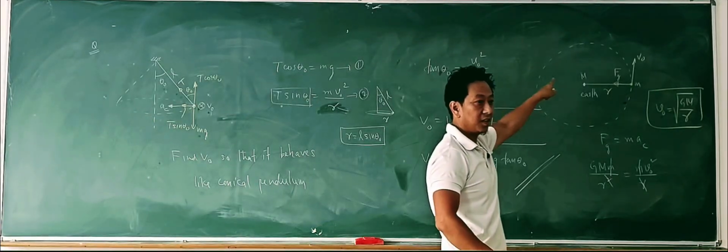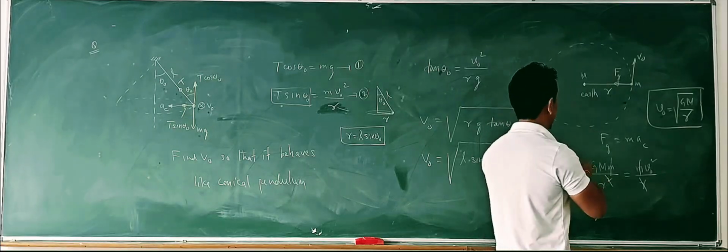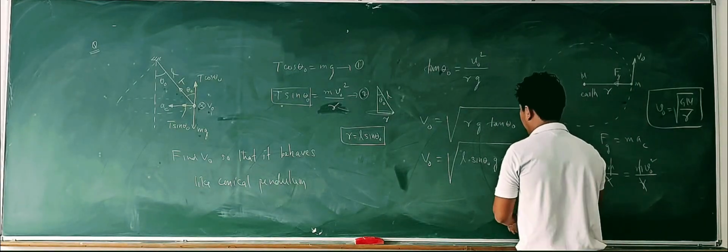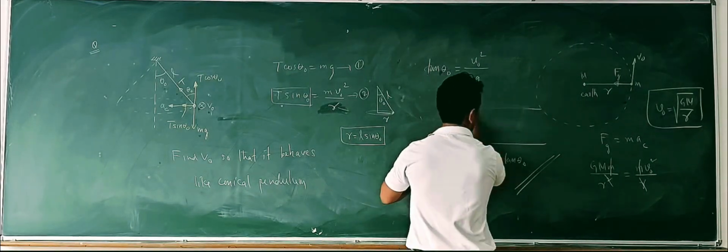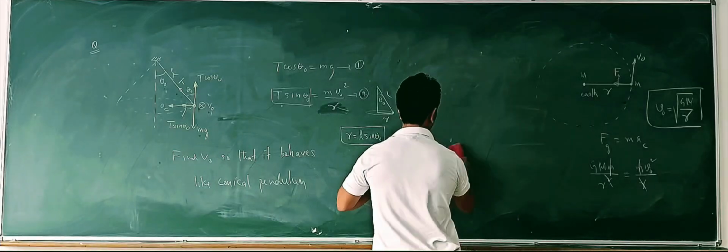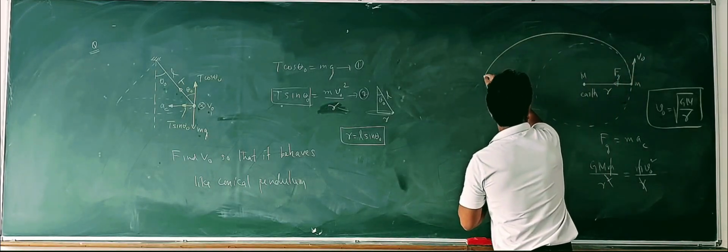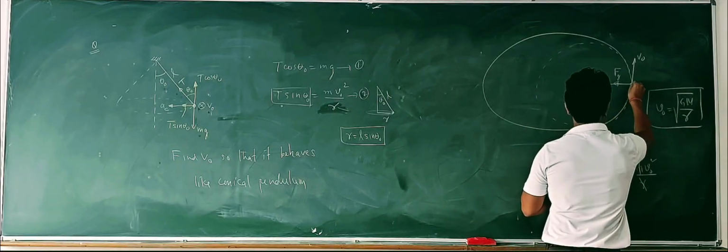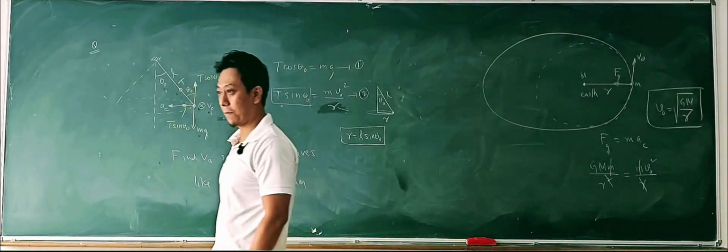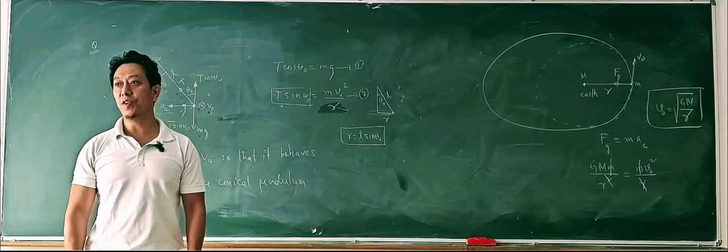Before, r was fixed. Now your r will increase suddenly. So your orbit will now look like this. It will start moving in an ellipse.